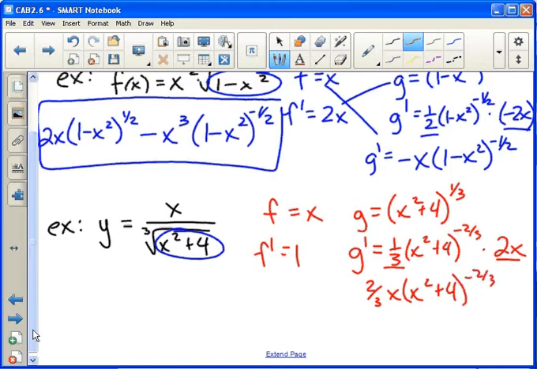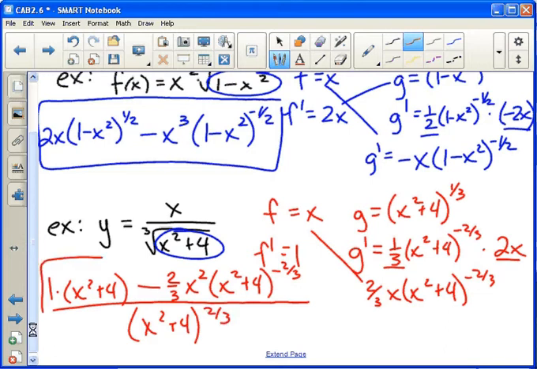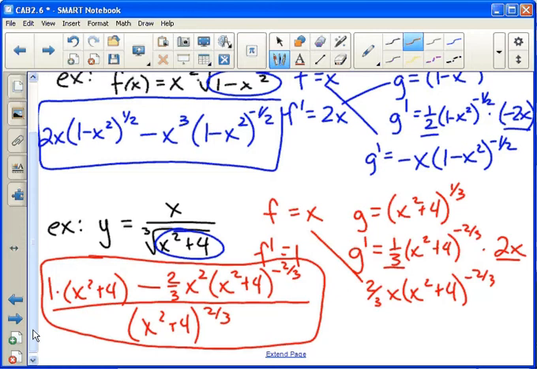So we do f prime times g minus f times g prime. So that's going to give me 2/3 x squared plus 4 to the negative 2/3, all divided by g squared. Well, if you square that 1/3, it just becomes 2/3. So that would be our final answer. Oh, sorry, I forgot the 1/3 right here. That's the final answer.